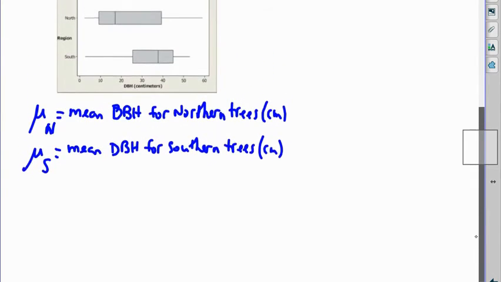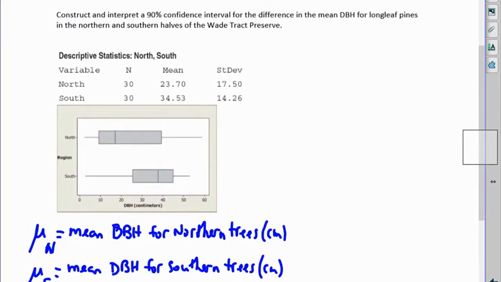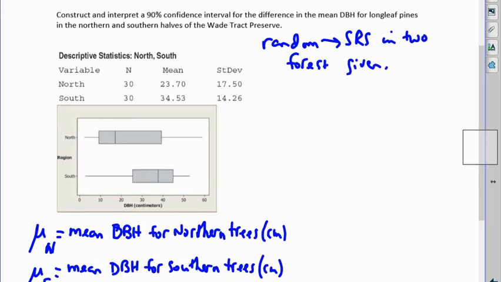Let's go through our conditions here. Why don't we write them at the top here? So first of all, we need to be random, and they did say it's an SRS in both forests. So that is given. Is it independent? We have to check it for each group.